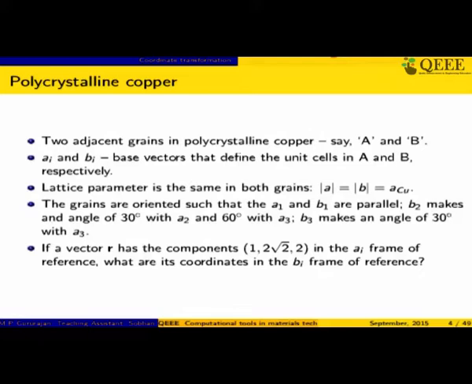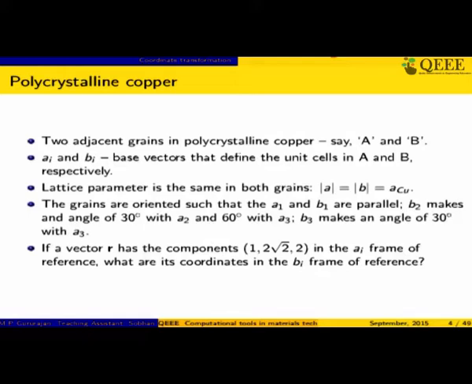So the crystalline unit cell, how it is aligned with respect to the laboratory frame of reference or external frame of reference, that then decides what is the orientation of the crystal. Most of the engineering materials, metals and alloys, are polycrystalline. That means in that material, if you go to different parts of the material, the unit cells will be aligned differently with respect to a frame of reference, which could be the external or laboratory frame of reference.